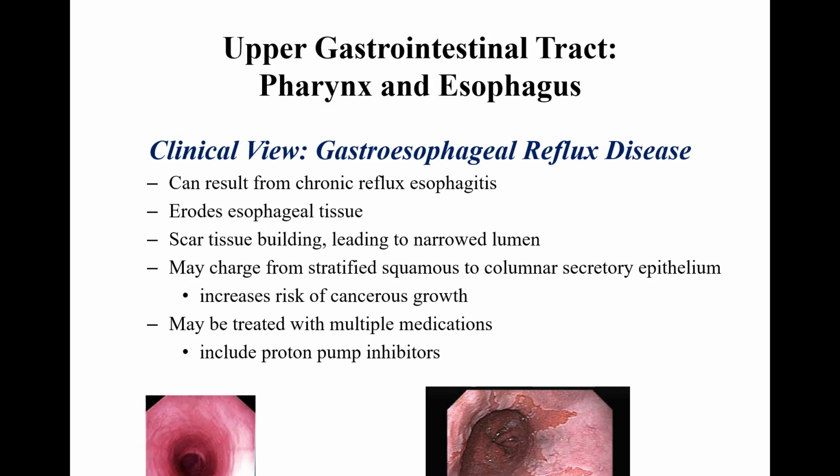And so instead, the tissue could convert to small intestine tissue that is able to handle that different material, that lower pH. And this can also increase your chance of cancer forming.